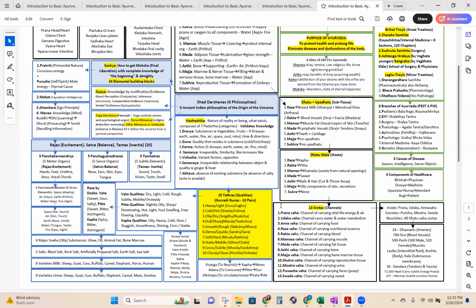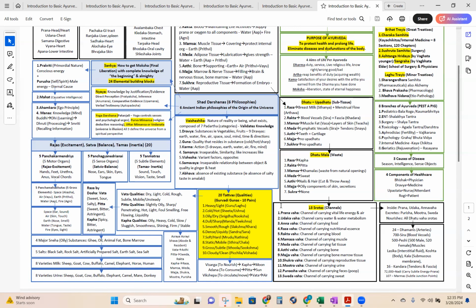And then for kapha, the spicy, or I usually put it in there as pungent, with a P, so I remember it as BPA: bitter, pungent, and astringent. For me, it works.